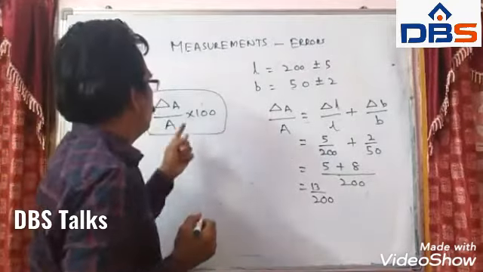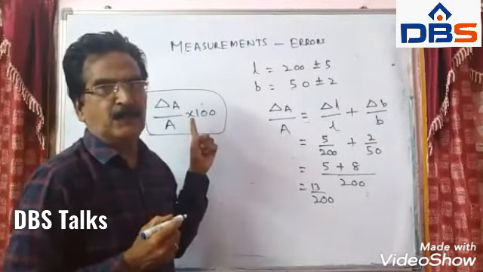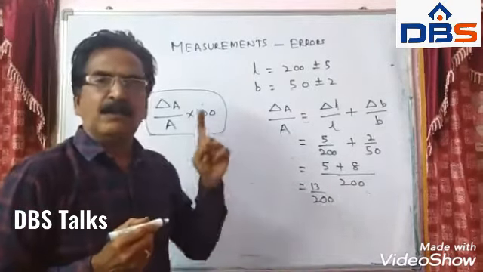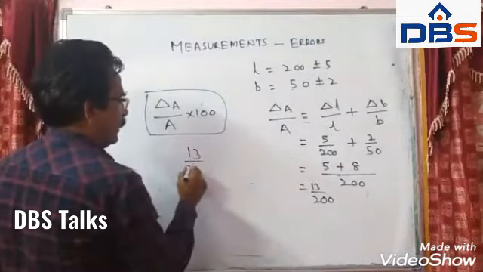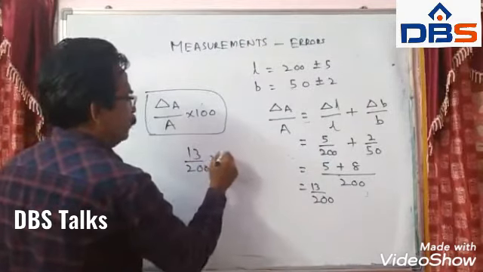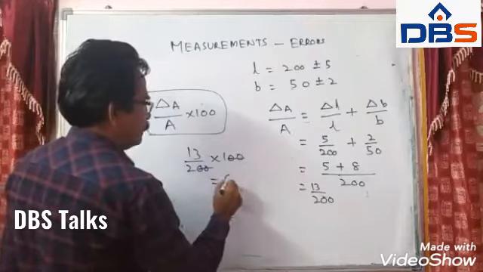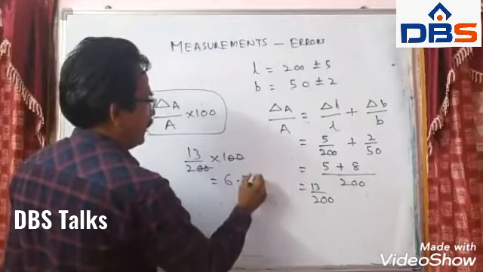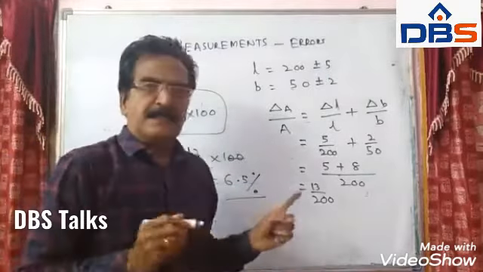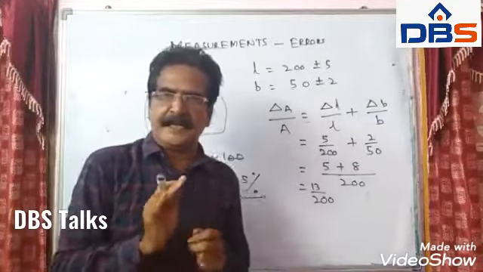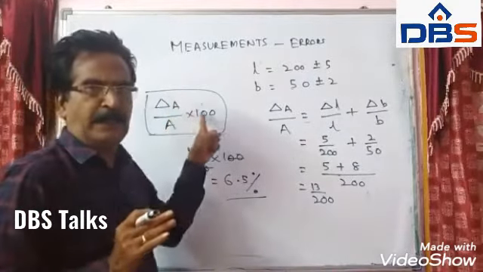Okay friends, now we have to do delta A by A into 100, that is equal to error percentage. So now 13 by 200 into 100, that is 6.5. 6.5% is the error percentage in area friends. The first equation is delta A by A into 100.